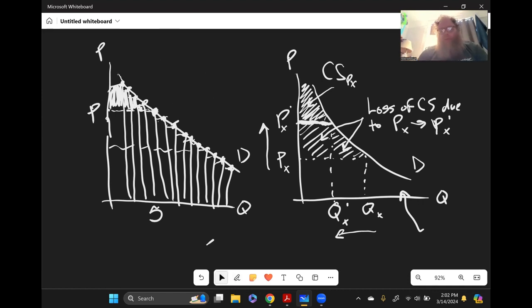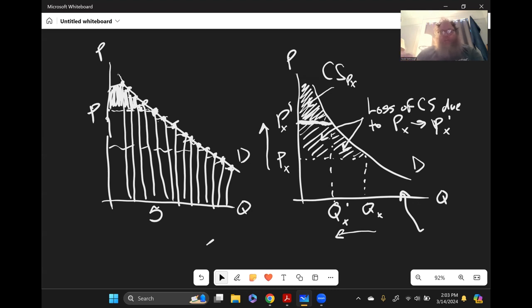And then just to wrap up the conversation of consumer surplus, to go back to what I was originally saying, the reason economists contemplate consumer surplus is ultimately because we're interested in what happens when things change. So here you can see two different prices, PX and PX prime, that correspond to two different quantities being purchased in the market.